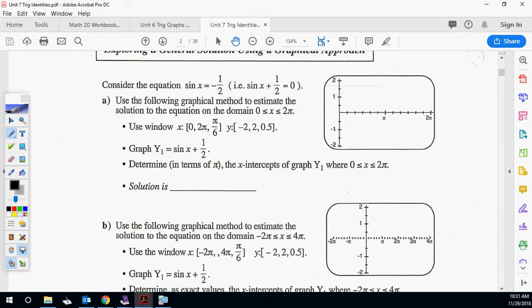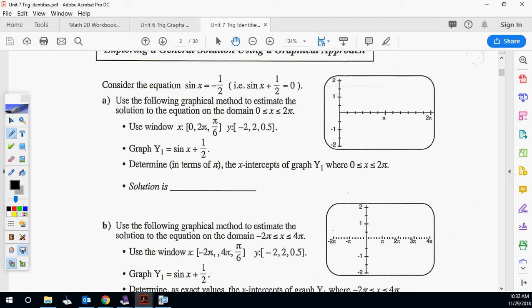They did 0, 2 pi because that's my restrictions. Negative 2 and 2 just have a good window, even though we know 1/2 is going to be the highest, right? Because the max of sine is 1 plus 1/2, so 1/2 is the highest it's going to go. Okay, and so in y1 we put what I told you, and we're going to find the values in which it crosses the x-axis. We're doing the 0 method here because we set it equal to 0.